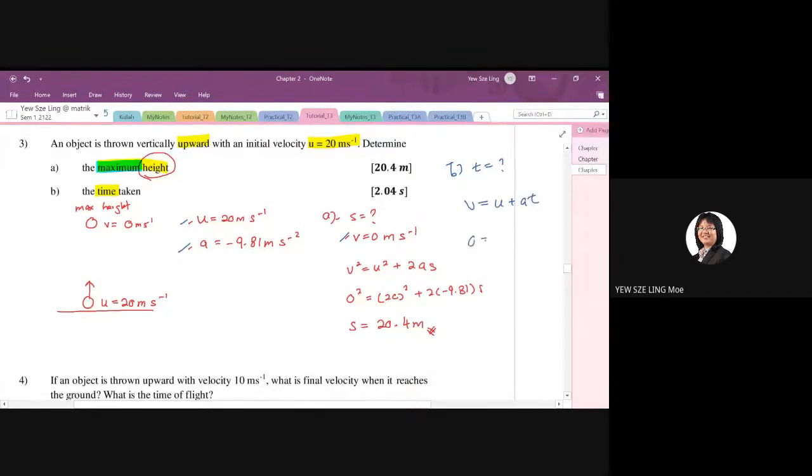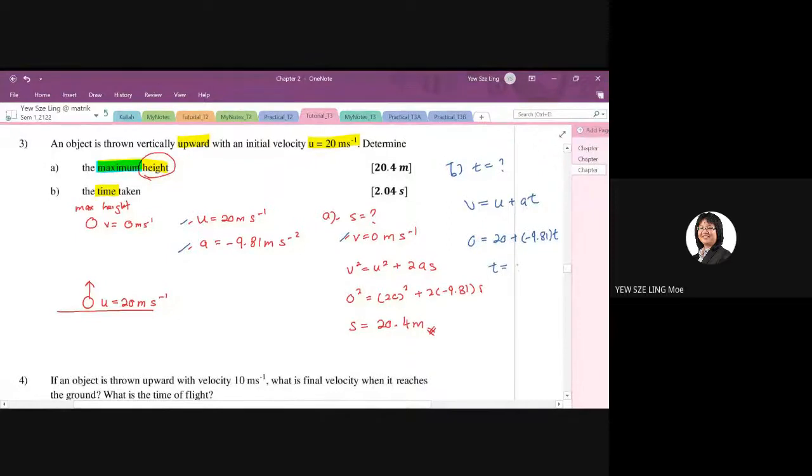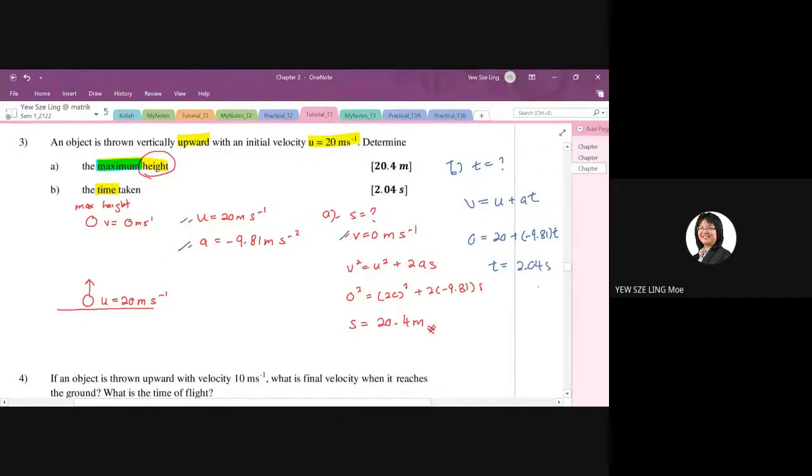So 0 equals 20 plus negative 9.81 T. Time is then equal to 2.04 seconds. So this is how we solve the question. In this question, your velocity is positive because it's going up.